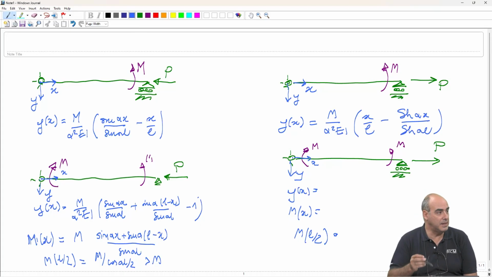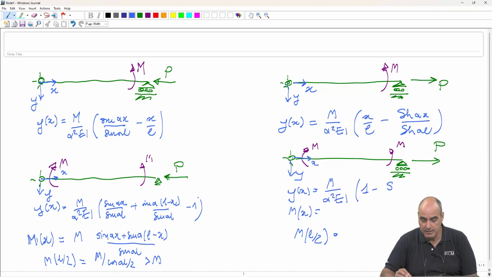So which means that, I will go quickly, if I apply the same logic that we have seen yesterday to the problem where we have uniform bending moment, we have y of x equals M by alpha square EJ times 1 minus hyperbolic sinus alpha x by hyperbolic sinus of alpha L minus hyperbolic sinus alpha (L minus x) by this.